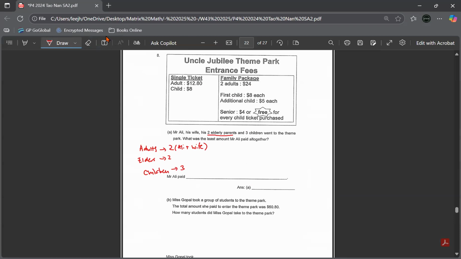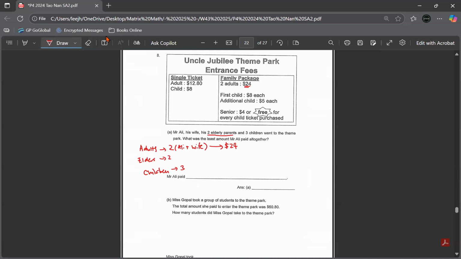So this one, two adults, you can do the family package for them. Family package, this one is $24 already. Two adults is 24. Two elderly is free. Because why? Every time you purchase a child ticket, you will have one free senior ticket.